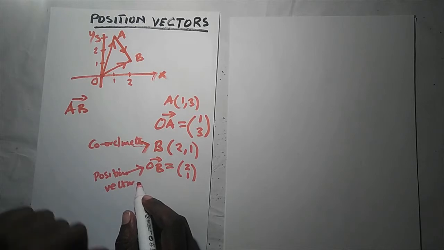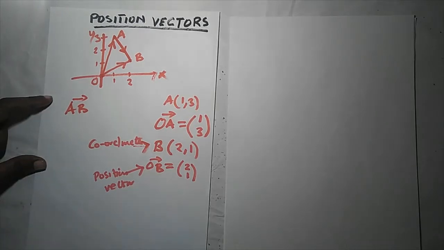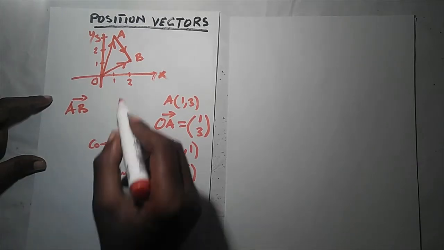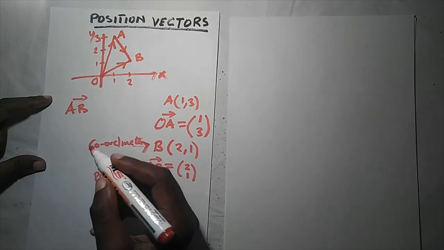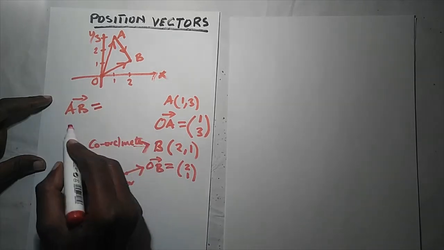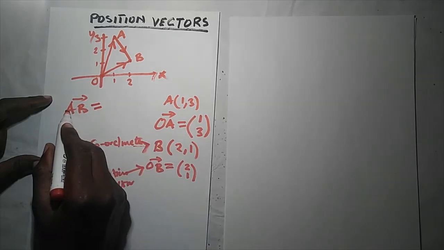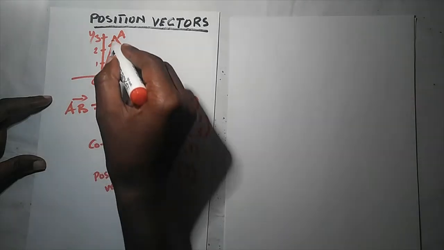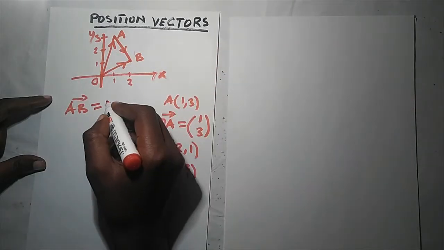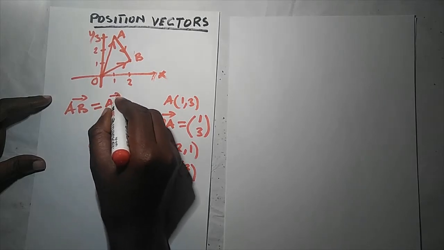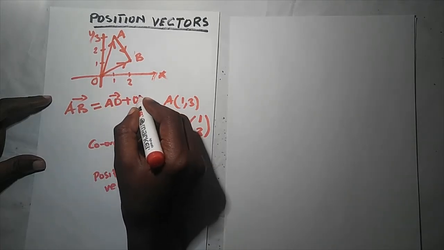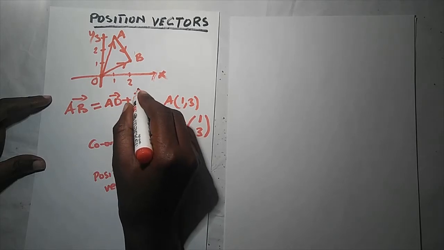Okay, so when you're finding the vector AB, just by looking at what we have here, you can see that actually you can write a vector equation for this. And the vector equation is going to be, so AB simply tells you that you have to start from A, and then you move around this triangle all the way up to B. So you're going to have A to O plus O to B.